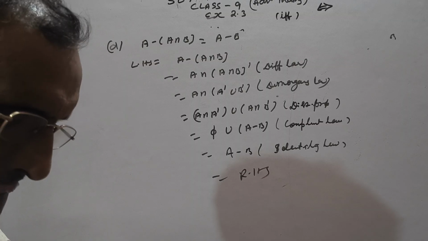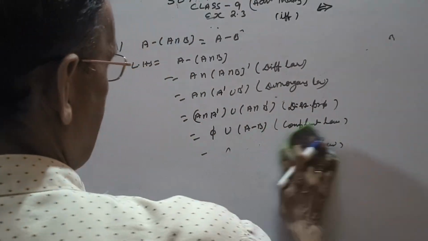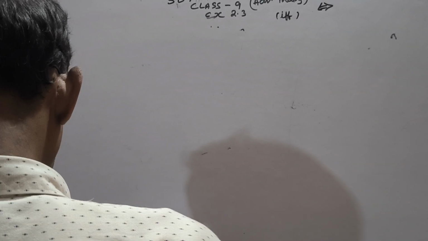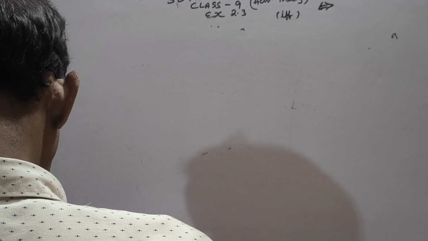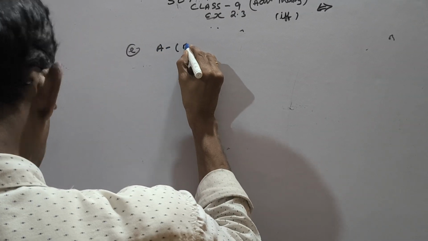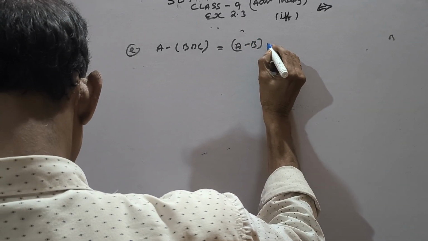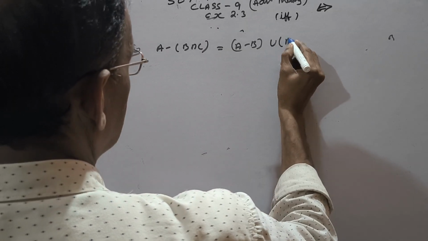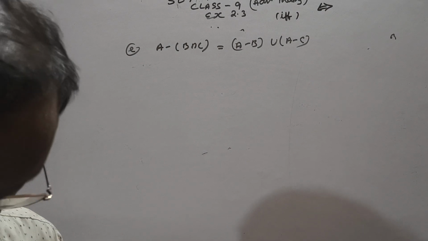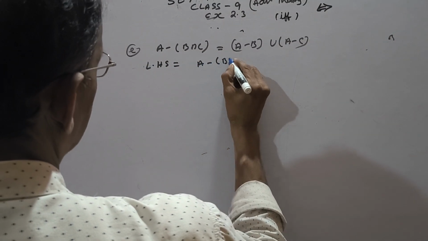Question number E is A minus (B intersection C) is equal to (A minus B) union (A minus C). Take the left hand side: A minus (B intersection C).